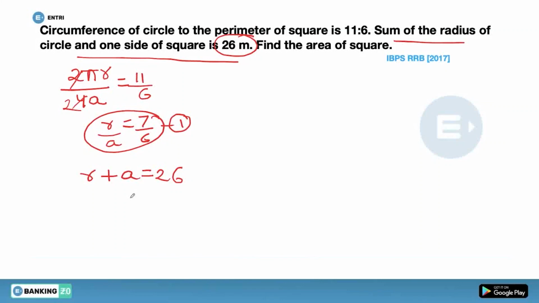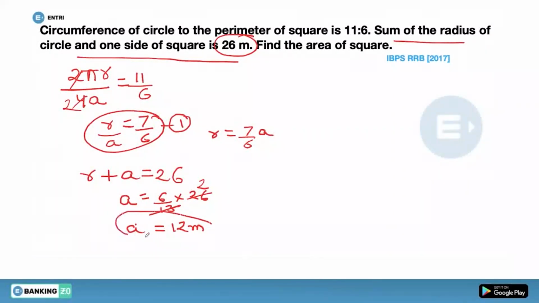The value of r would be r equals 7 by 6 a. By putting 7 by 6 a plus a equals 26, I am going to get a equals 6 by 13 into 26. And 13 twos are 26. That means a's value is 12 meter.